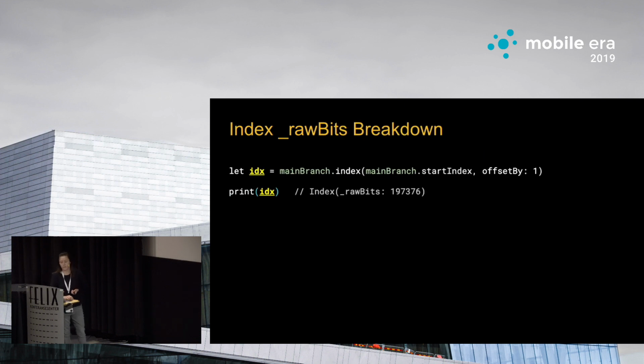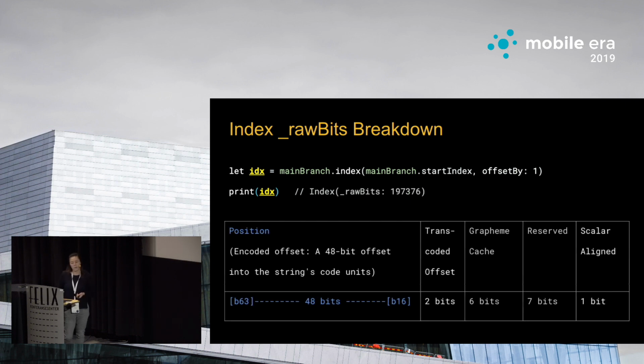To find out, we first looked at what the stored index was. It's a struct containing raw bits. What are these raw bits? If you look at the doc comment of the string index type, it says it's a sequence of 64 bits, which contains position info and other metadata.